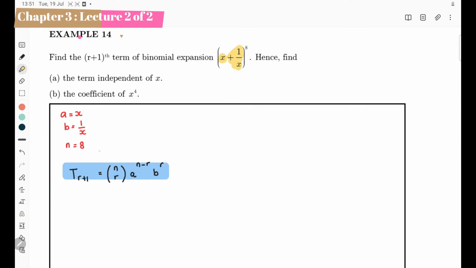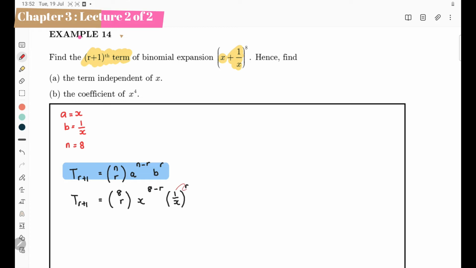We will use this formula to find the r plus 1 term. So T_(r+1) is equal to 8Cr, a is x, so x to the power of 8 minus r, and b is 1 over x to the power of r.